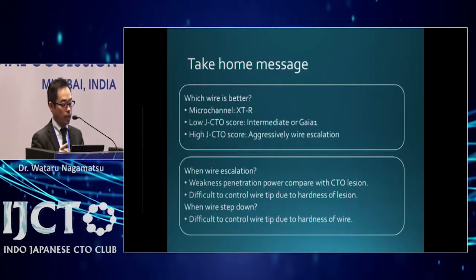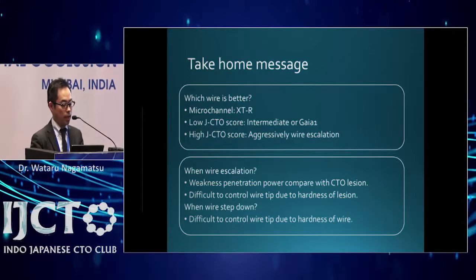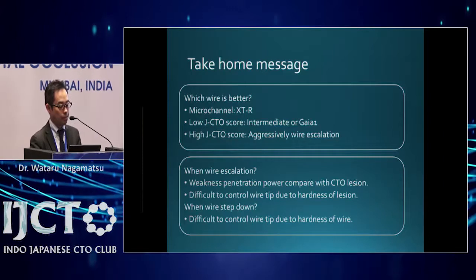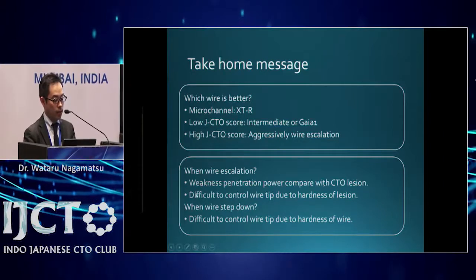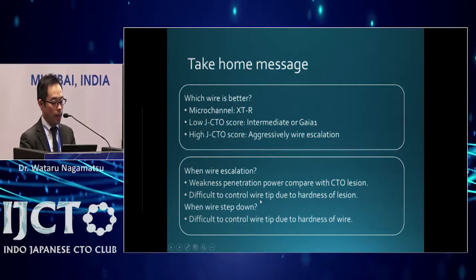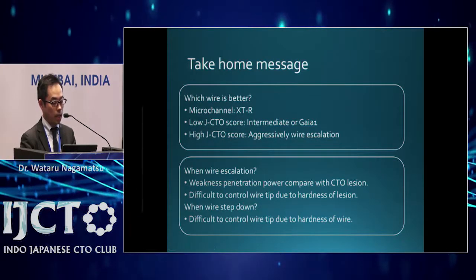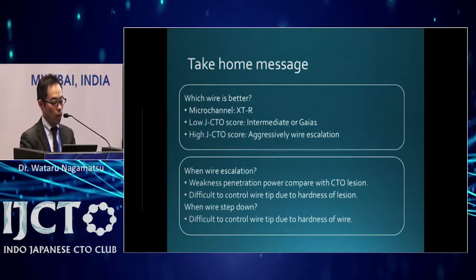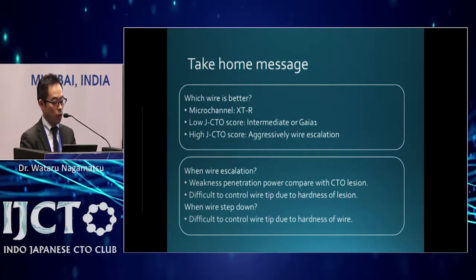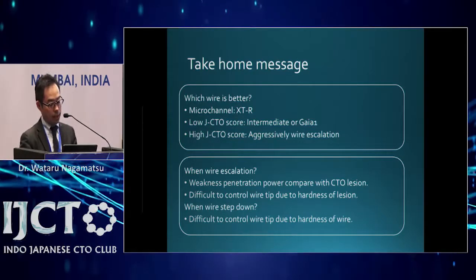If the case has a high J-CTO score, let's think about aggressive wire escalation. When escalating the wire, there is weak penetration power compared with the CTO region, and difficulty controlling the wire tip due to the hardness of the region. When stepping down the wire, there is difficulty controlling the wire tip due to the hardness of the wire. Thank you for your attention.